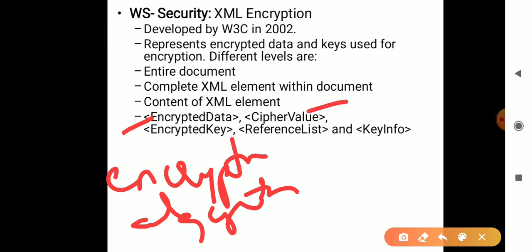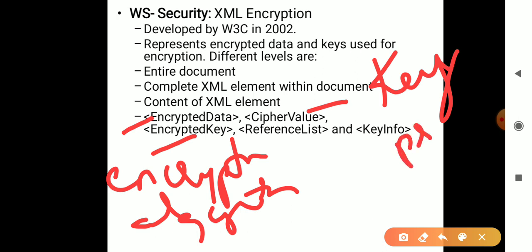Cipher value tells us what exactly the cipher text is that is generated for each encrypted element. Then you can see the encrypted key. All of us know that we are using keys, that is symmetric key and asymmetric key encryption, where the keys are either previously shared or shared over the network.